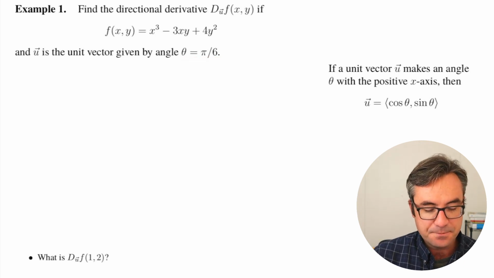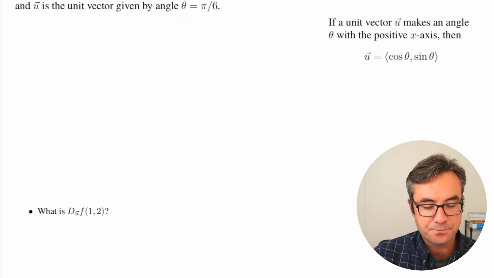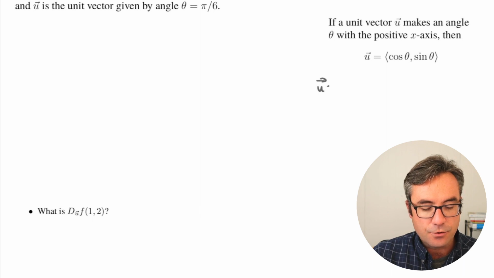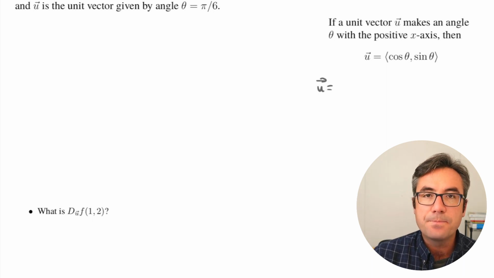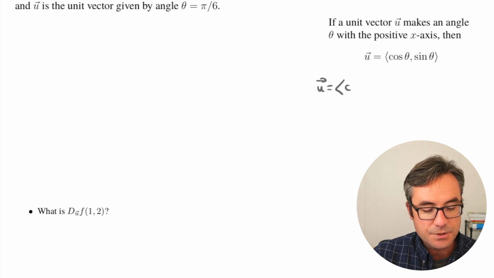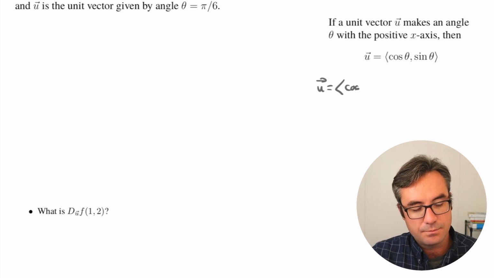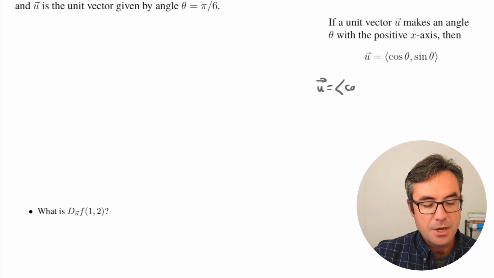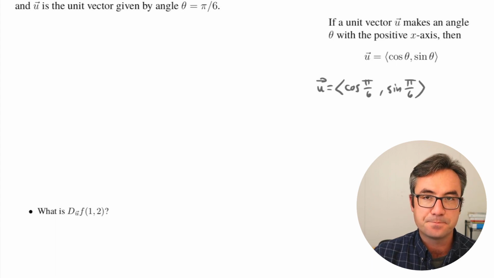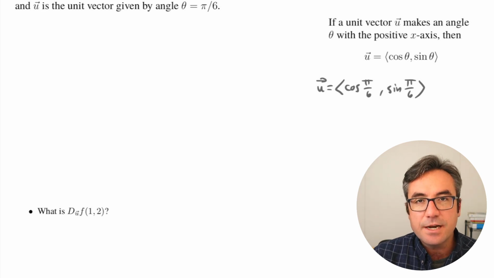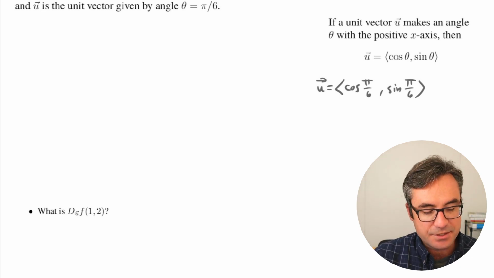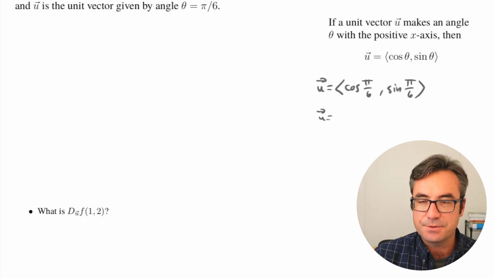So for us, let's actually work that out. So our directional vector, u, is going to be cosine of pi over 6 and sine of pi over 6. So we're just plugging our angle in. And cosine of pi over 6, sine of pi over 6, these actually have nice values.